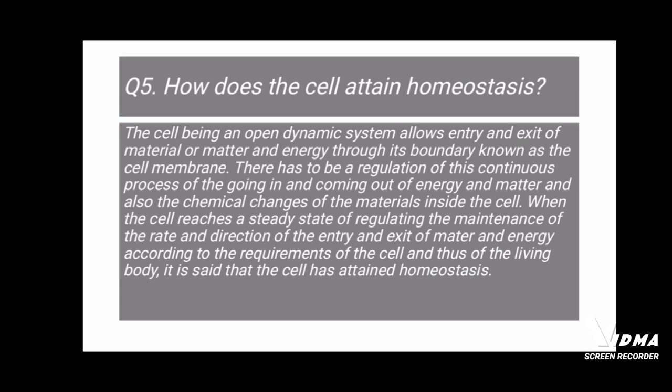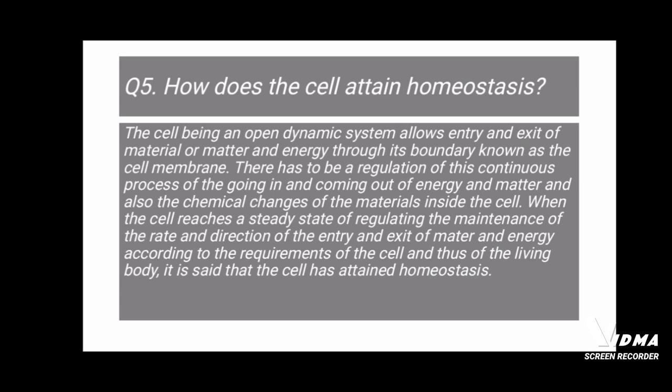Next question. How does the cell attain homeostasis? The cell, being an open dynamic system, allows entry and exit of energy and matter through its boundary known as the cell membrane. There has to be a regulation of this continuous process of the going in and coming out of energy and matter, and also of the chemical changes of the materials going on inside the cell.